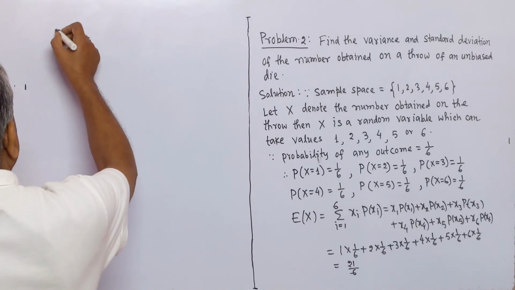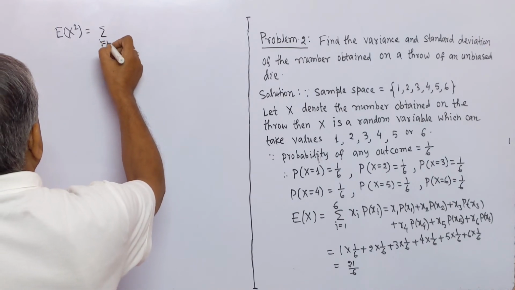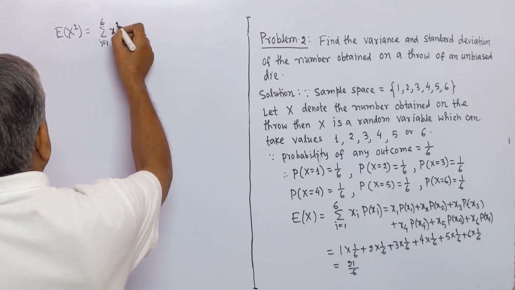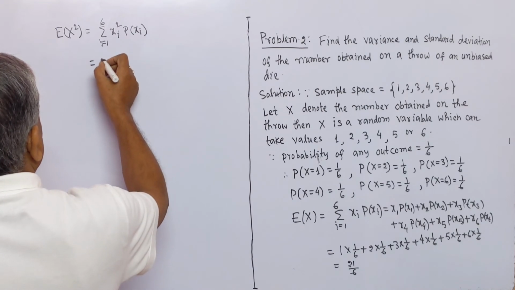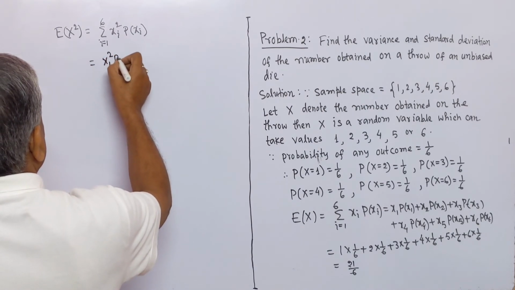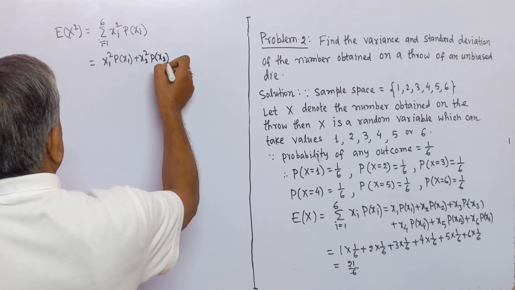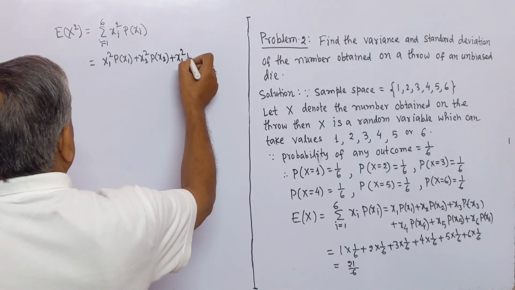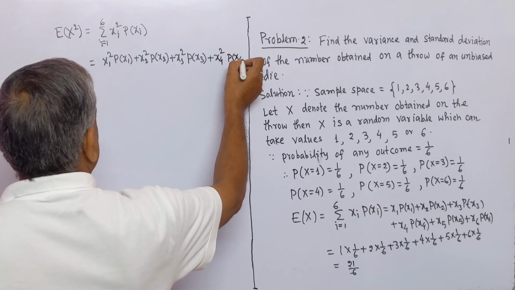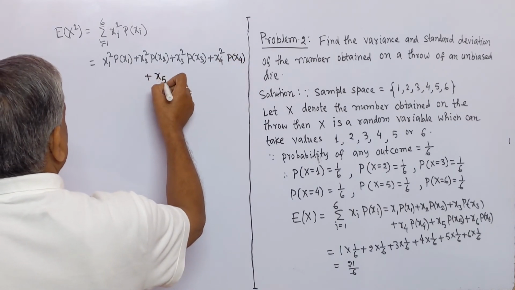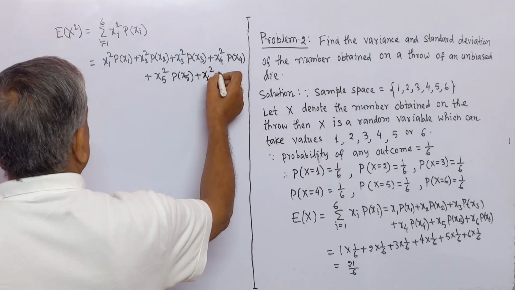Now E[X square] is equal to sigma i equal to 1 to 6, xi square p(xi), and this will be equal to x1 square p(x1) plus x2 square p(x2) plus x3 square p(x3) plus x4 square p(x4) plus x5 square p(x5) plus x6 square p(x6).